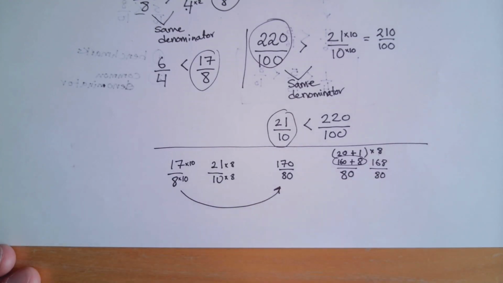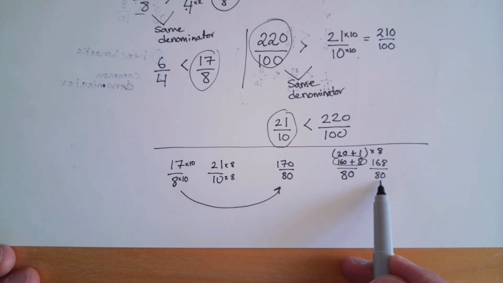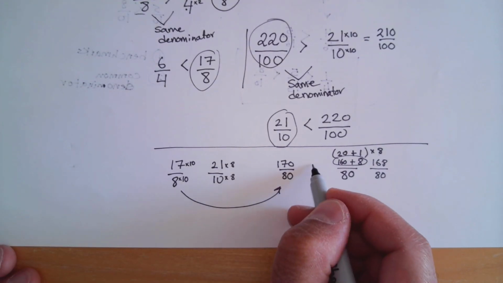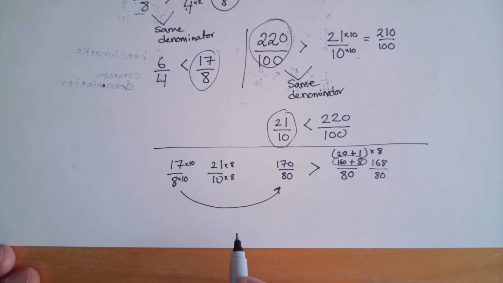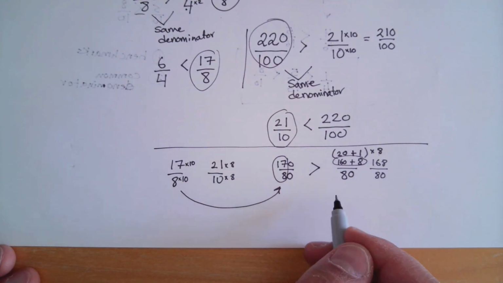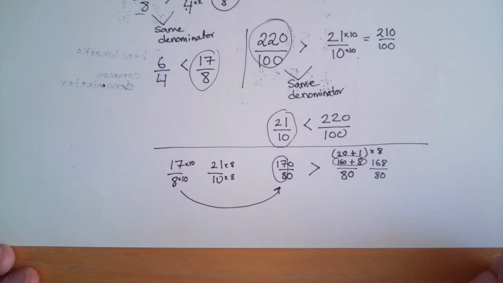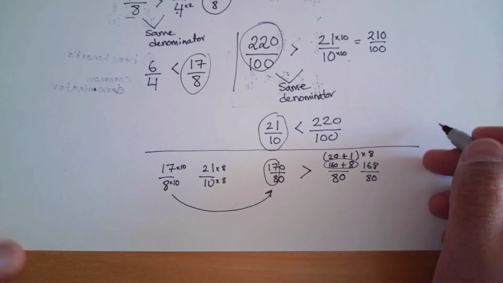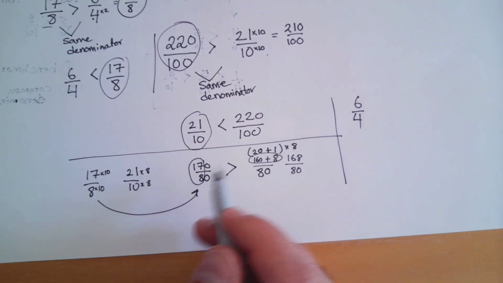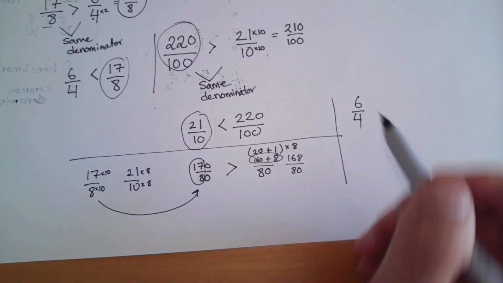Ooh, they're so close, right? We have 170 eightieths and 168 eightieths, like two more eightieths, and they would be the same. So 17 eighths is definitely bigger than 21 tenths. So what is our arrangement going to be? 6/4 is the smallest because it's smaller than 17 eighths.